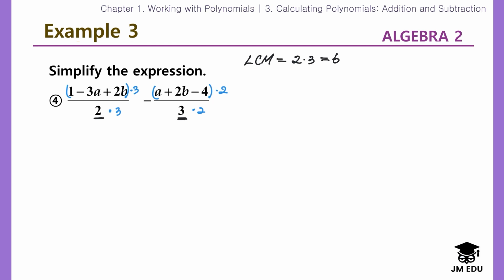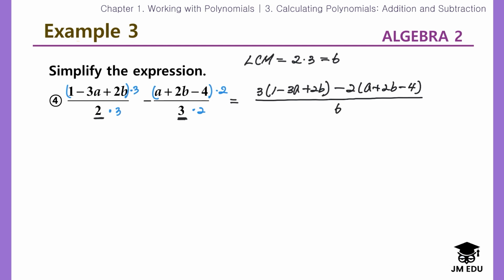So that is equal to, we have 3 times 1 minus 3a plus 2b, minus 2 times parenthesis a plus 2b minus 4, over 6. Our common denominator is 6.